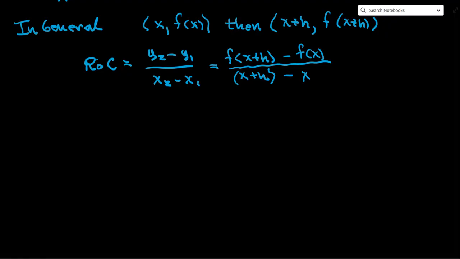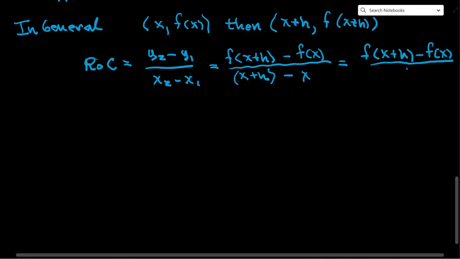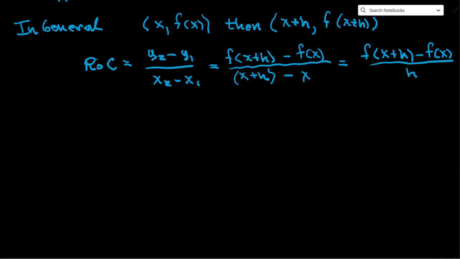This will simplify some, and we are definitely going to go to using the simplified version as we work more and more of these. Notice in the denominator we have x plus h minus x. The x subtracts off, and this gives us this formula that we now have: f of x plus h minus f of x over h.